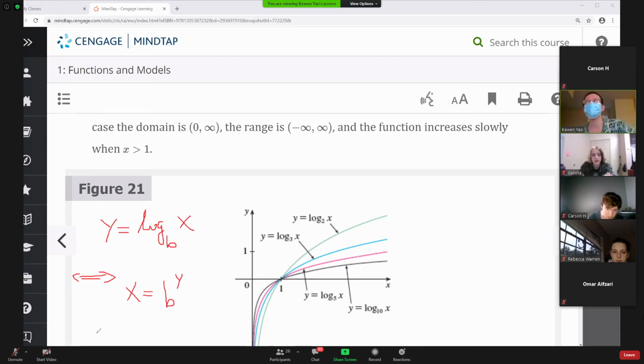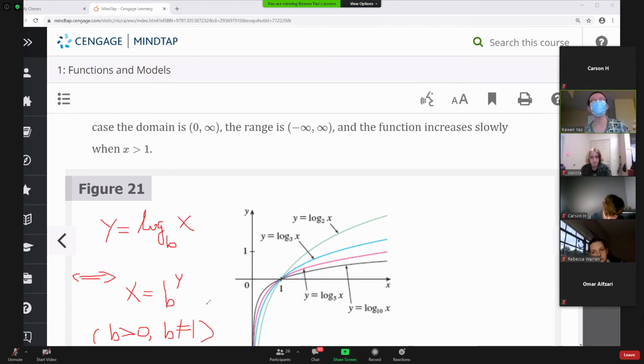Of course, here we have to require that b is positive and b not equal to 1, because b equal to 1 does not make a lot of sense. So this is the definition for the log function: y equal to log base b of x if and only if x equal to b to the power y.